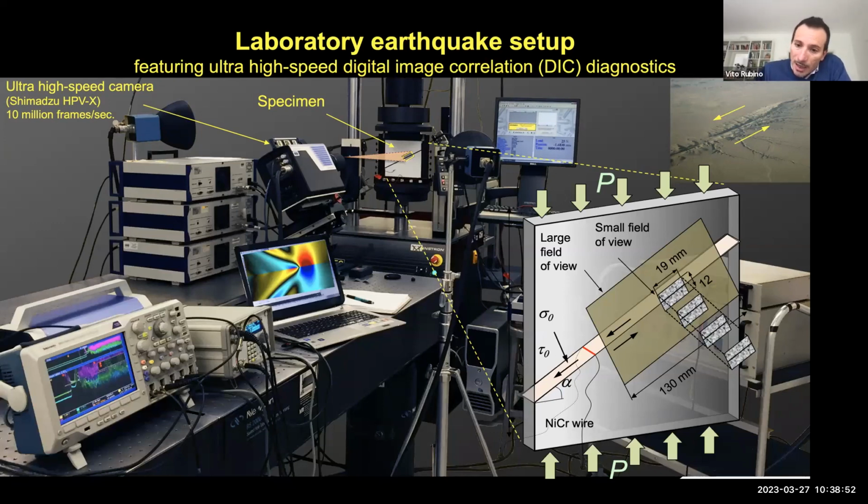Ruptures are nucleated by the small bursts of a nickel chrome wire placed across the interface, but once they are nucleated, ruptures develop spontaneously under the level of applied pre-stress.